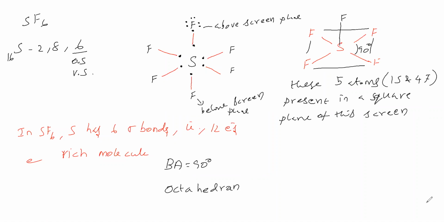Set. Next we will take IF7. Iodine valence shell contains 7 electrons, because it is coming under which group? It is coming under 7th A group, like the fluorine group. Therefore, fluorine is also having 7 electrons in its valence shell.